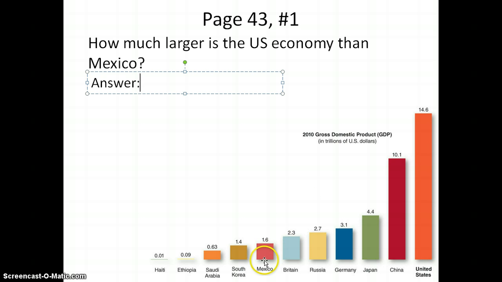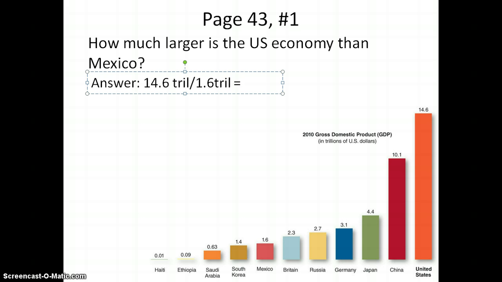So we want to know how many times this little pink bar can fit in the U.S.'s orange bar. So if we were to stack them up on top of themselves, how many times would we need to draw Mexico's bar? So what we're doing is we're taking the U.S. GDP of 14.6 trillion and we're dividing it into a bunch of Mexicos and seeing how many different Mexicos can fit in it.